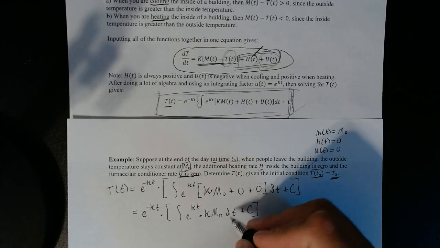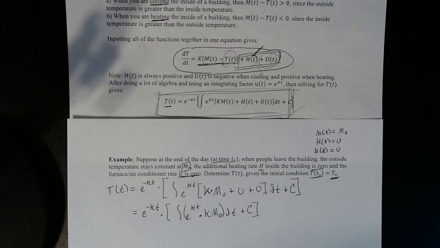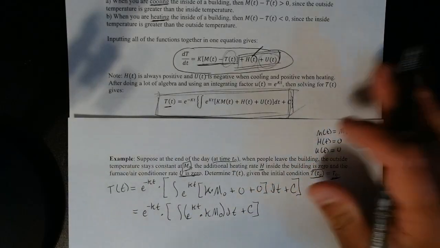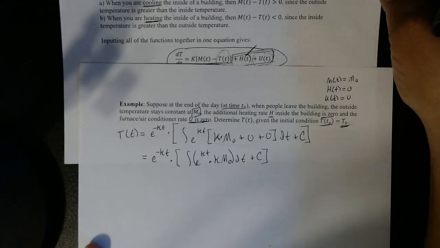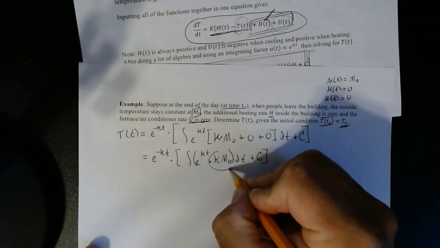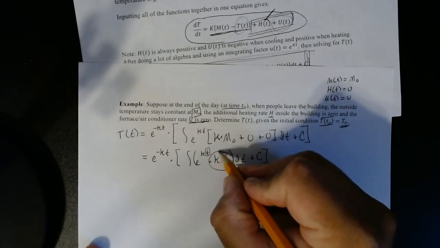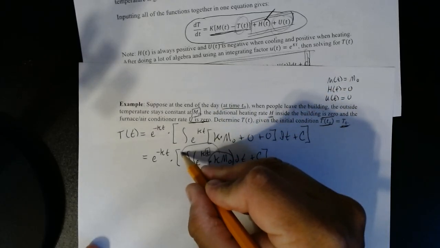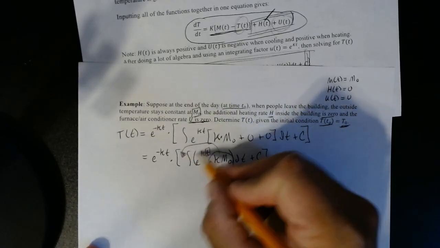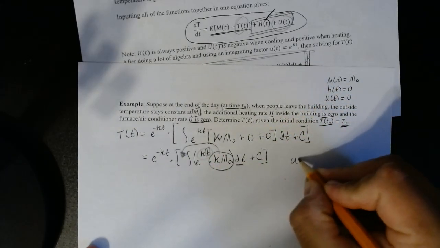Now remember, let me put parentheses here so it'll be easier to understand what's going on. And now we just integrate. Remembering this is all a constant, because the integral is in terms of t, this can just go on the outside. And this is a straight u substitution, where u equals all of this.